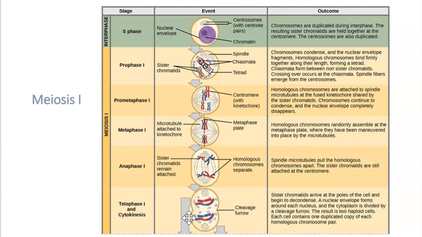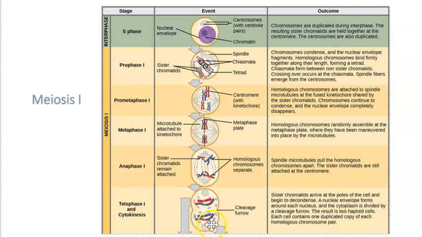Each of these daughter cells is haploid. It has half as much genetic material as the parent cell. So this parent cell, remember, is a diploid, or 2N cell. It's got 1, 2, 3, 4 chromosomes. By the time we complete cytokinesis 1 of meiosis 1, our two daughter haploid cells are going to have half that amount of genetic material.